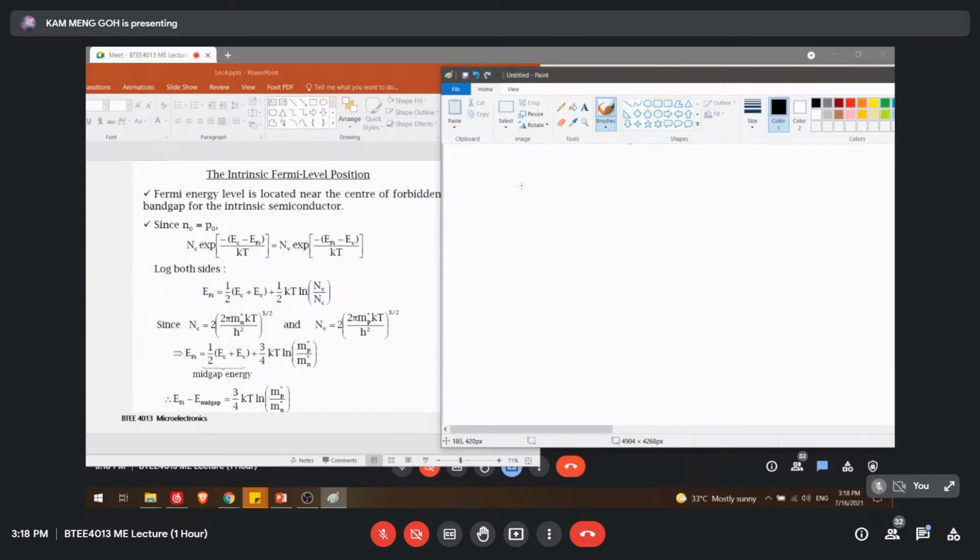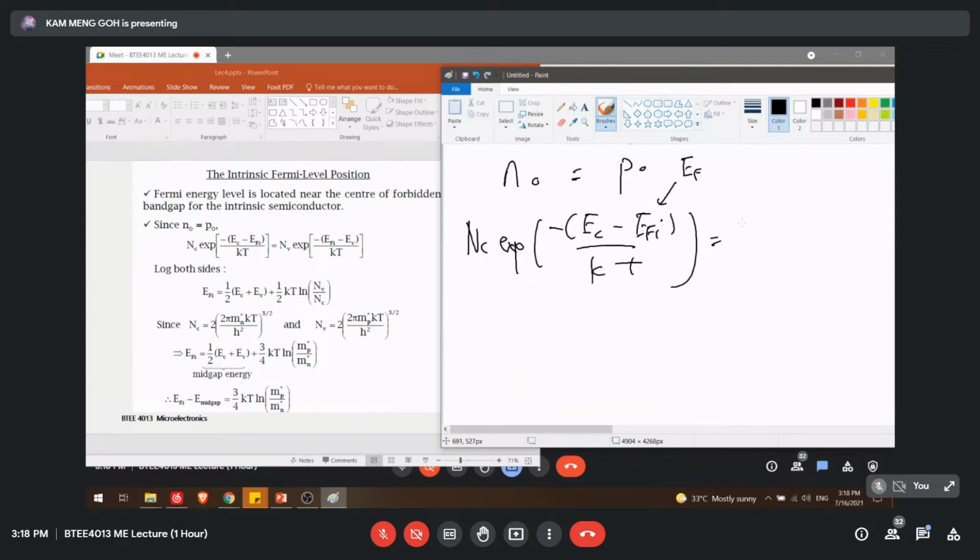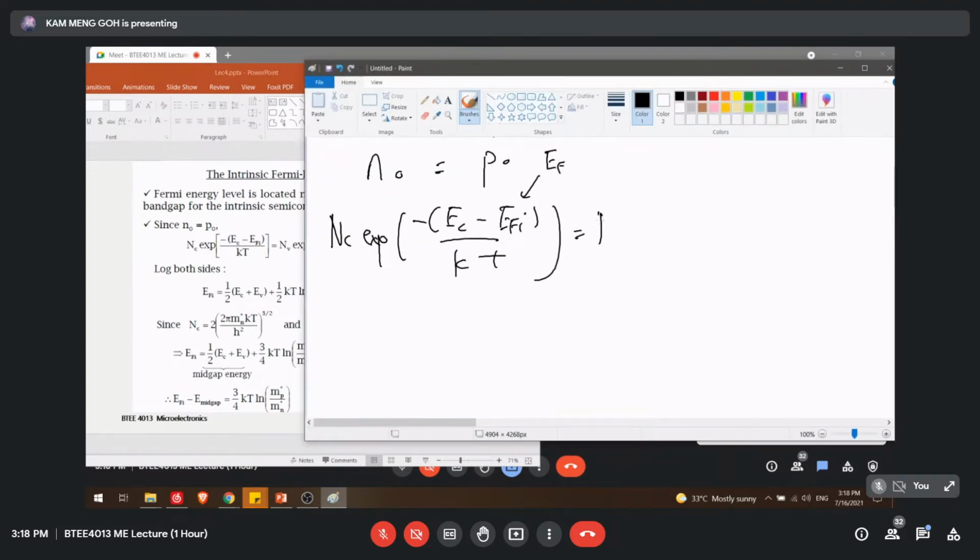Okay, based on this, at first we know the No will always be equal to Po in the intrinsic semiconductor. This one is always NC exponential minus EC minus EFI over kT. Okay, as I was saying, in the intrinsic semiconductor, EF must always be equal to EFI. So that's why we can replace it with EFI, equals NV exponential EFI minus EV divided by kT.